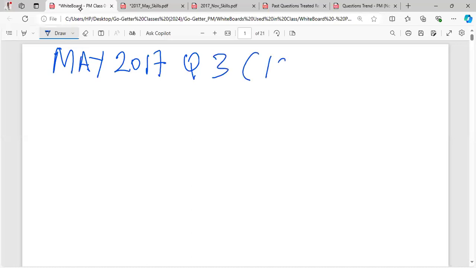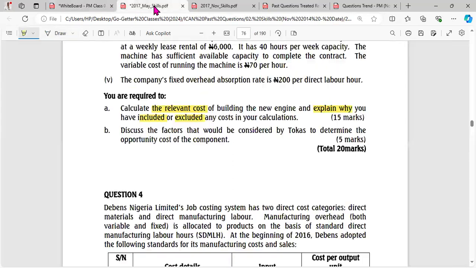This is from ICAN. Now, what are we asked to do? The relevant cost of building the machine. This is related to Tadex, not Toka.